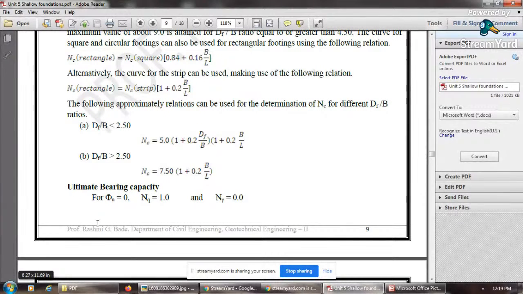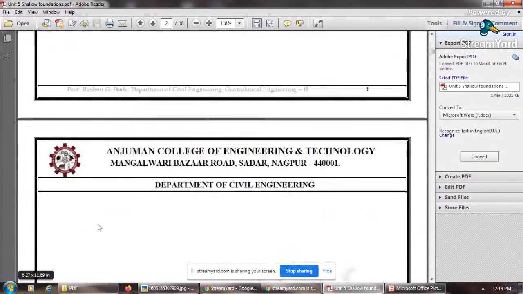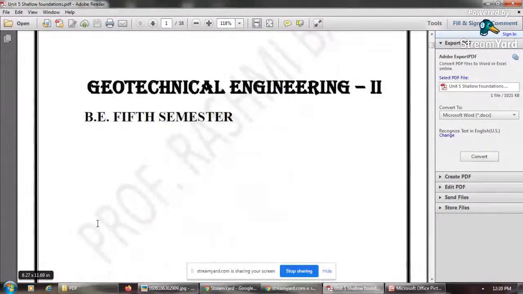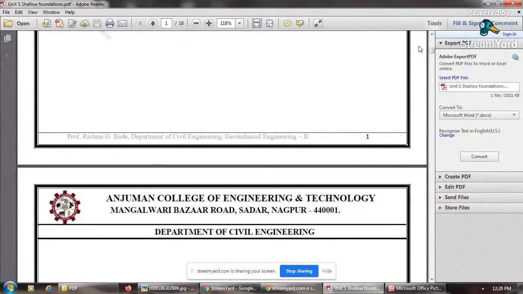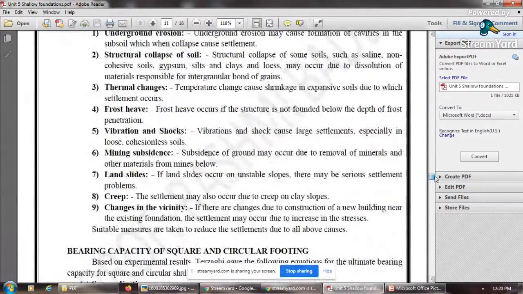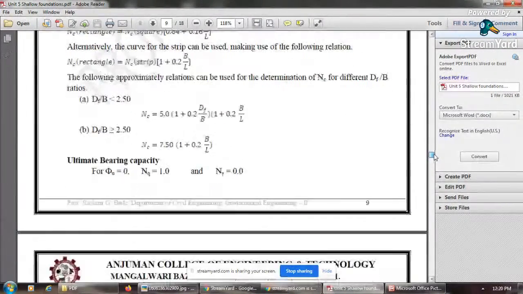So for calculating the ultimate bearing capacity, if phi equals 0, Nq will be equal to 1 and N gamma equals 0.